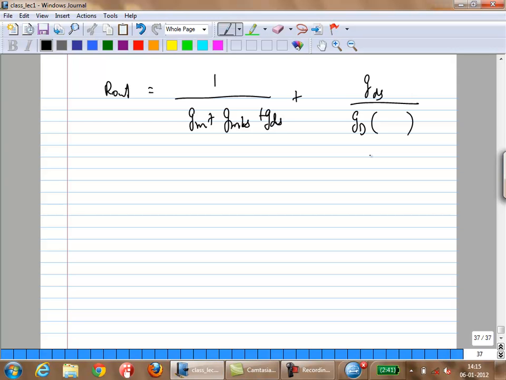If GDS is much smaller compared to GD, this is true. Just remember that the input impedance is also a function of the drain impedance. Next, we'll look at the common drain.